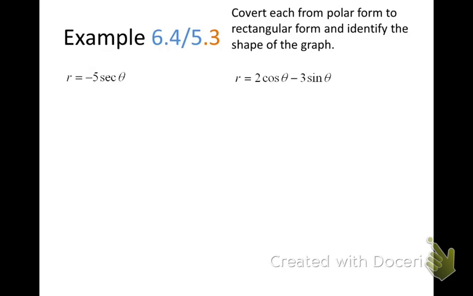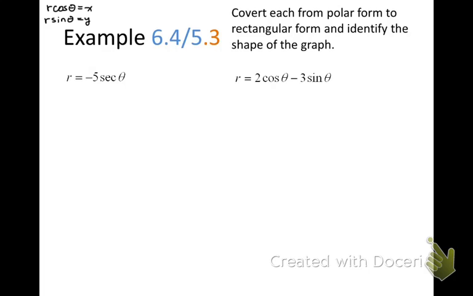So what you want to keep in mind as you go through these types of problems, if you are converting from polar to rectangular, in order to replace something with x, you need to have r cosine of theta exactly. Or you need to have r sine of theta to replace it with y.